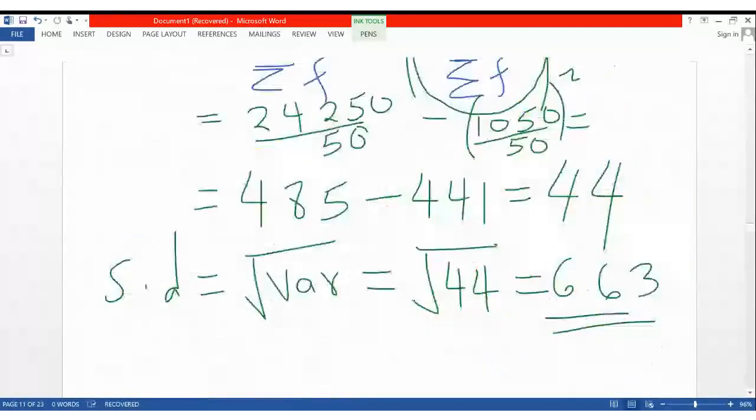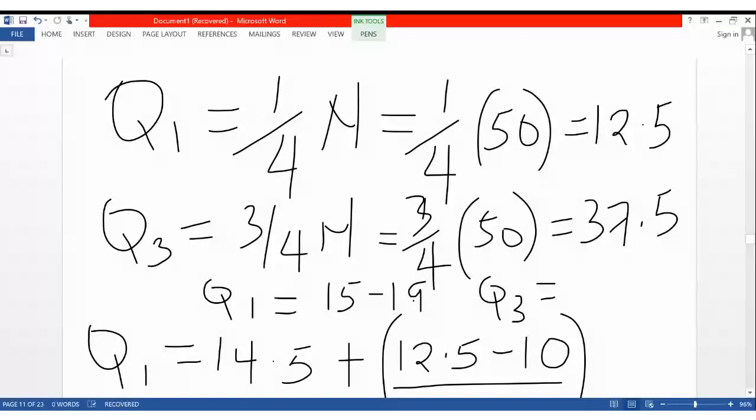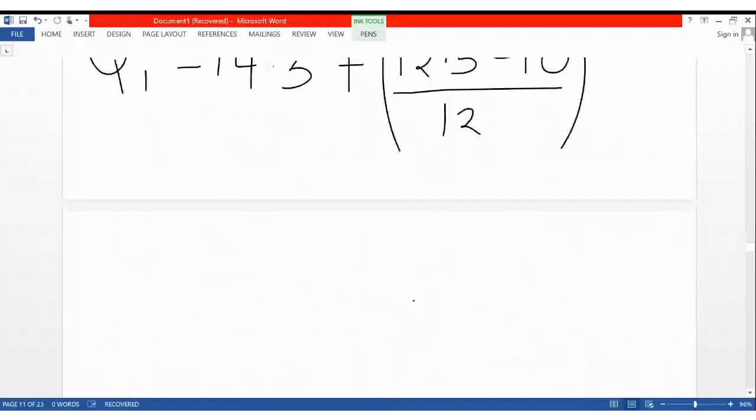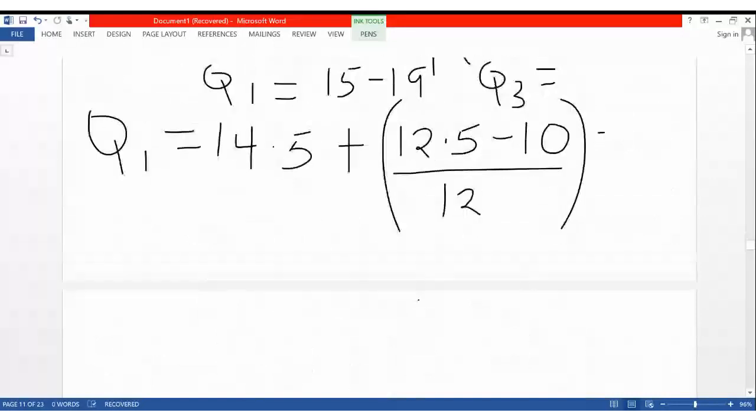When you do it, it is 14.5 plus 2.5 times 5 divided by 12. I'm getting a very weird answer. 12.5 minus 10 divided by 12, then times 1.